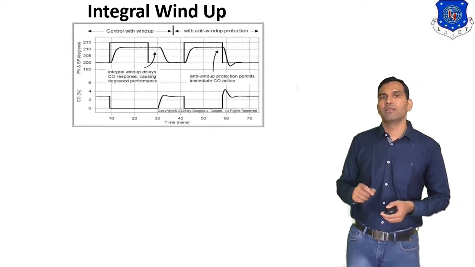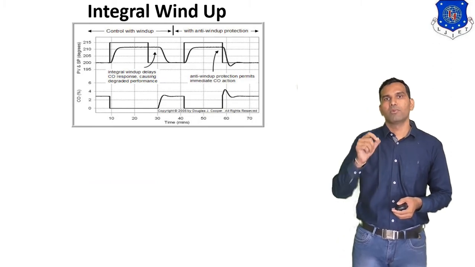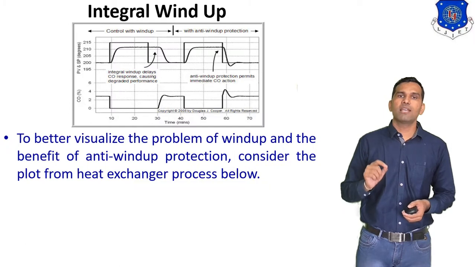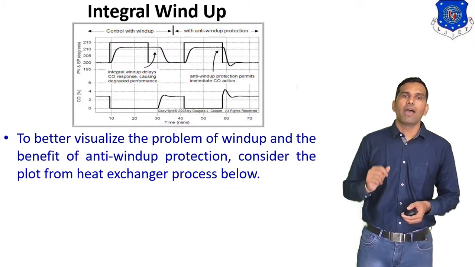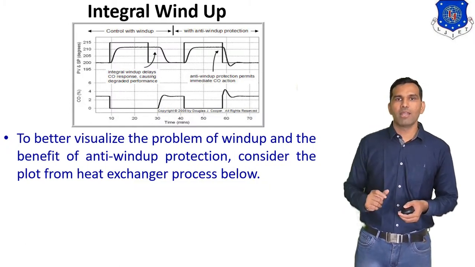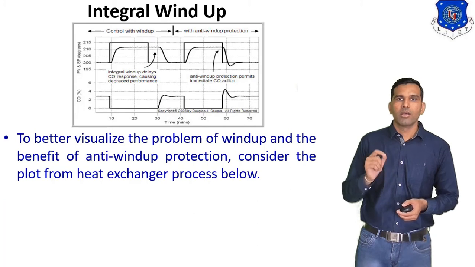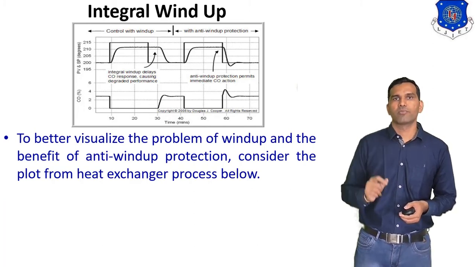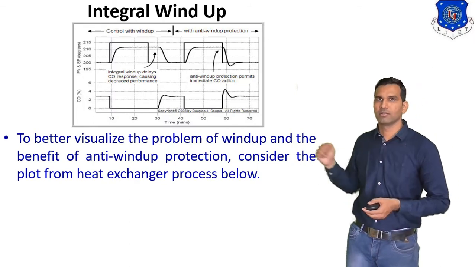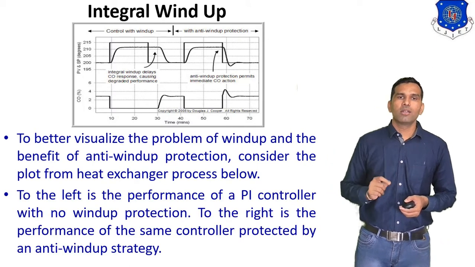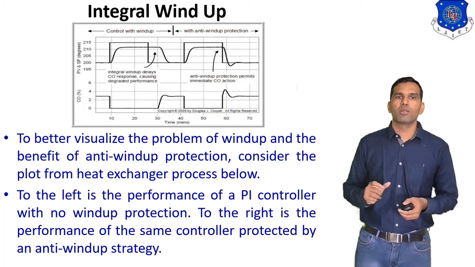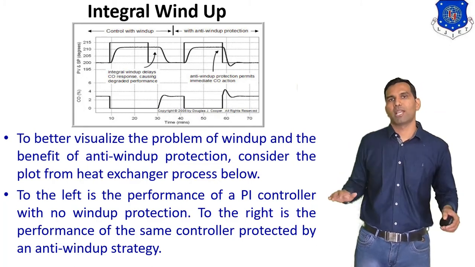Now we understand this integral windup using this graph. To better visualize the problem of windup and the benefit of anti-windup protection, consider the plot from the heat exchanger process shown in the figure. To the left is the performance of the PI controller with no windup protection.